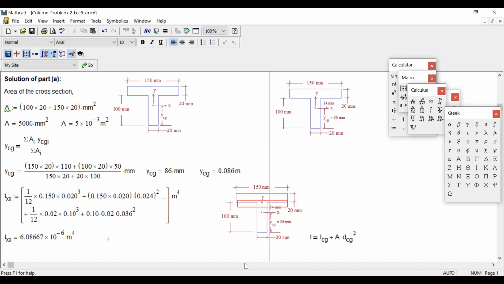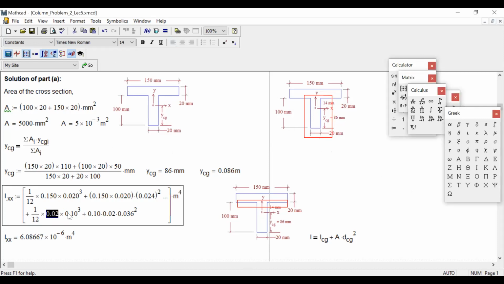Which one is the B now? We are talking about this area. So B is 20 and H will be 100. So that's how we are getting 1 by 12 BH cube. So you are getting this inertia with respect to which point?